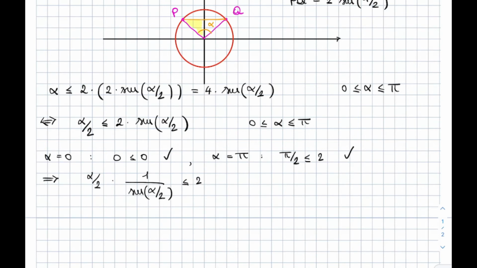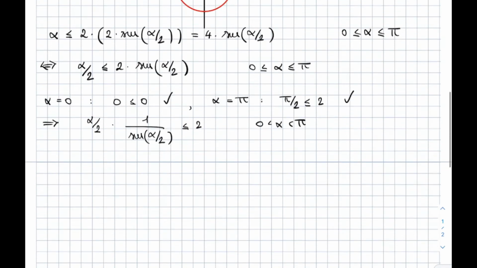And this must hold for alpha strictly bigger than 0 and strictly smaller than pi. Now, if we call t alpha divided by 2, then this is the same thing as saying that t divided by sine t is smaller or equal than 2 for t bigger than 0 and smaller than pi divided by 2.